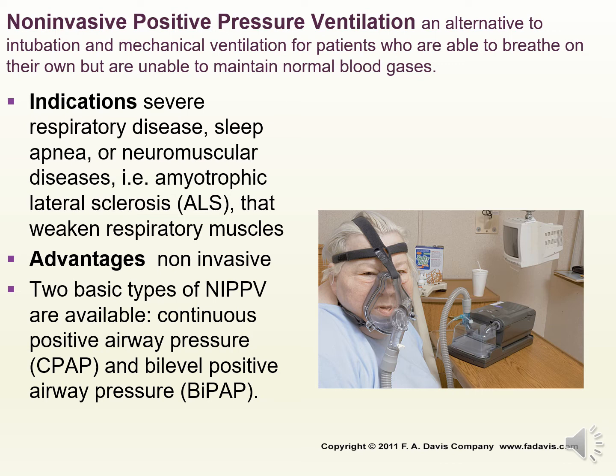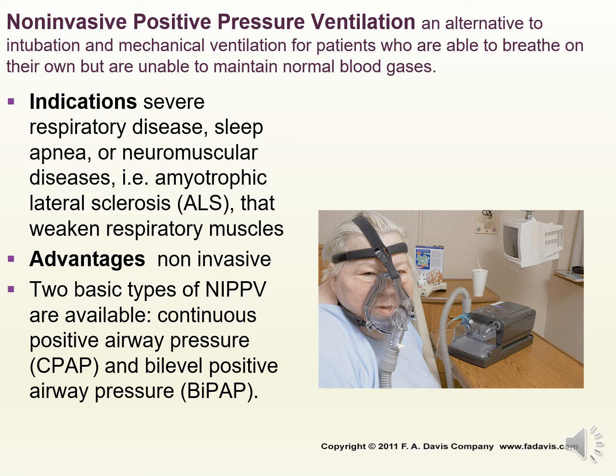Non-invasive positive pressure ventilation may also be selected as an alternative to intubation and mechanical ventilation if the patient is able to breathe on their own but just not able to maintain normal blood gases. Indications for this are severe respiratory disease, sleep apnea, or some neuromuscular diseases that weaken the respiratory muscles, like amyotrophic lateral sclerosis, or ALS.